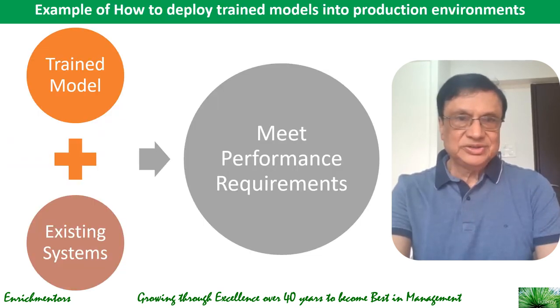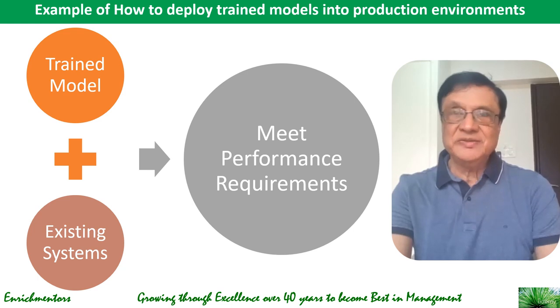This is how the whole thing happened. By following these steps, they could deploy a trained machine learning model into a production environment and ensure smooth integration with existing systems, meeting performance requirements for real-time inference.